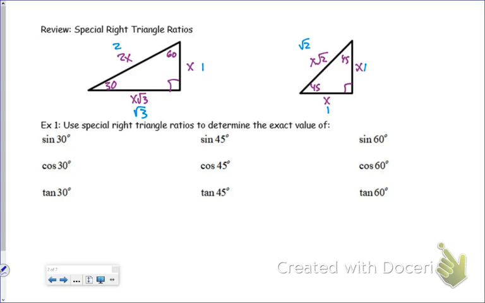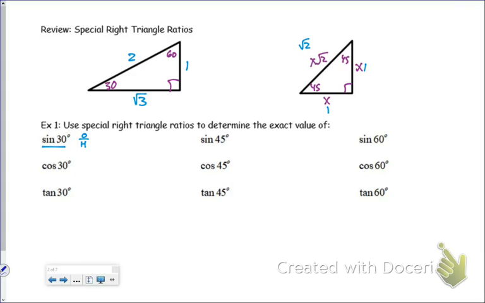So to start, we're going to use this special right triangle to determine the sine of 30 degrees without using a calculator. Again, we can plug in any value for x, so I'm going to plug in 1. So this is going to be 1, root 3, and 2. I'm picking that because it's going to be the easiest numbers to work with. Sine, if you remember, is opposite over hypotenuse.